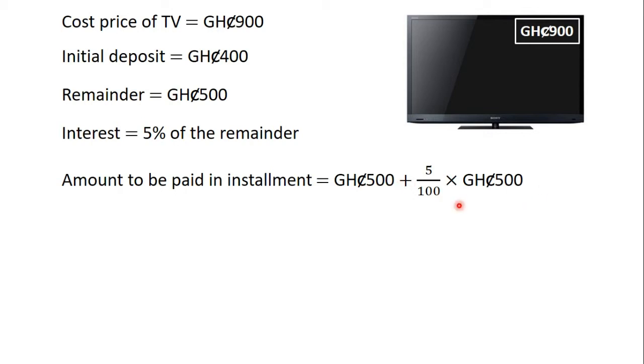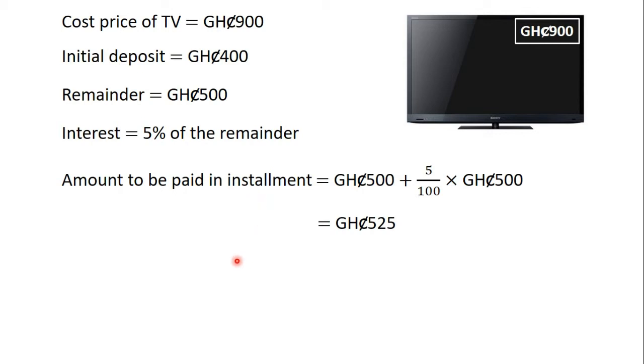The interest is 5% of the remainder. The remainder is 500 Ghana cedis. So 5% of 500 Ghana cedis is 5 divided by 100 times 500 Ghana cedis. And this will give us 525 Ghana cedis. So Kofi has to pay 525 Ghana cedis in installments.